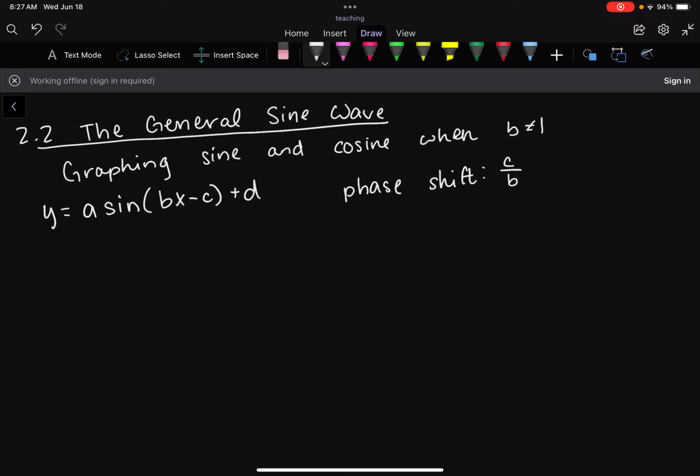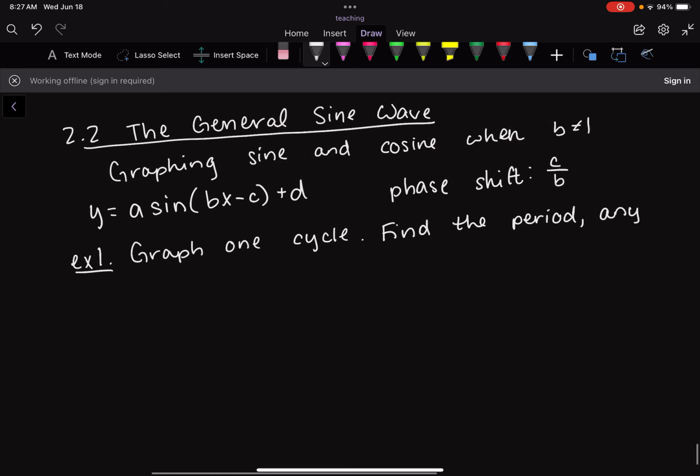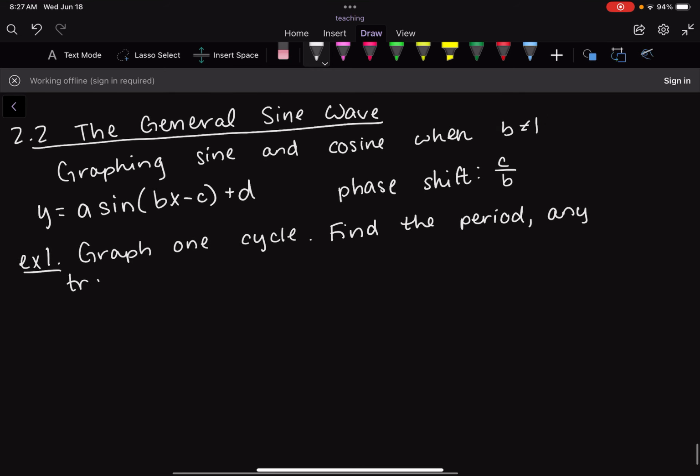So I'm just going to jump right into an example. I'll say graph one cycle. Find the period, any transformations, and we'll also find the range.